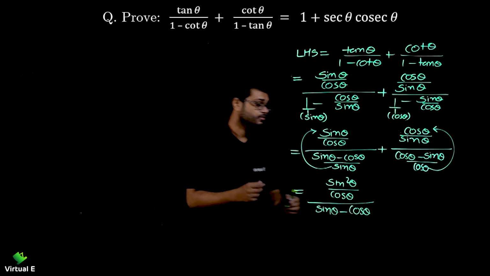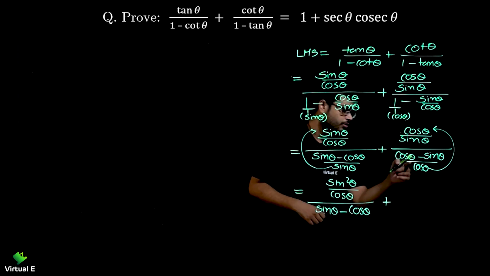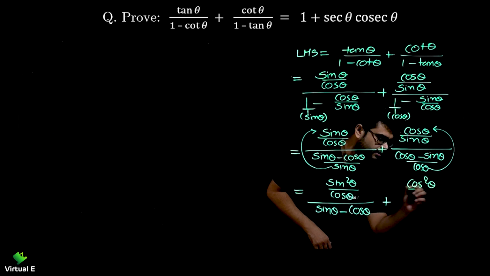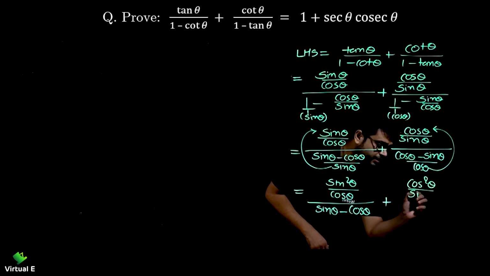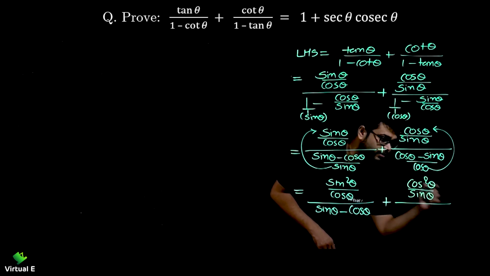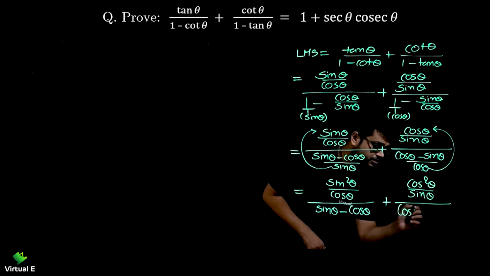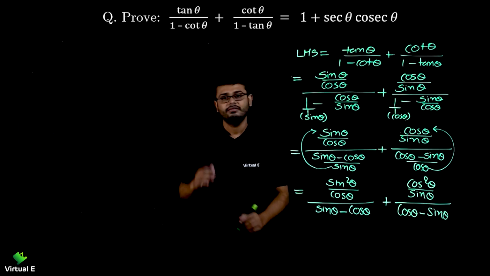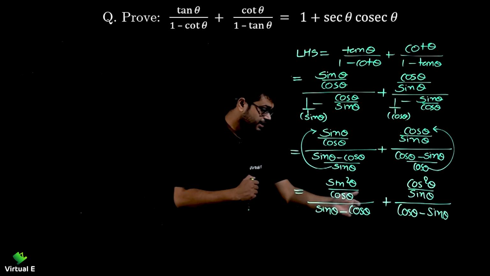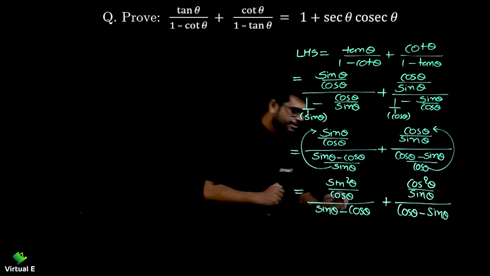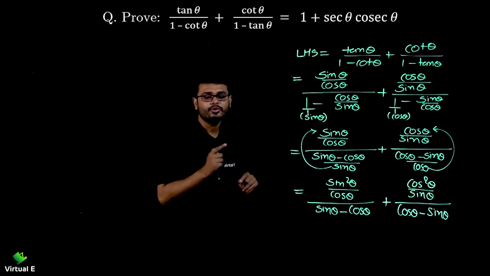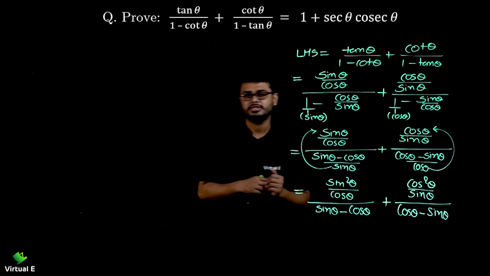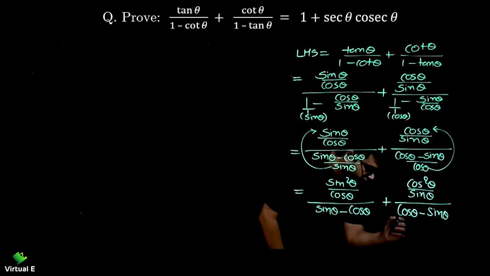Done? Let's do further, which is plus here cos theta into cos theta, that will be cos square theta, and the denominator is sine theta. Now what about the common denominator? That is cos theta minus sine theta. Now see, one thing you need to observe: sine theta, cos theta, sine theta, but the signs are different. So I'm going to change the sign of this into sine theta minus cos theta. For that I need to change the signs.